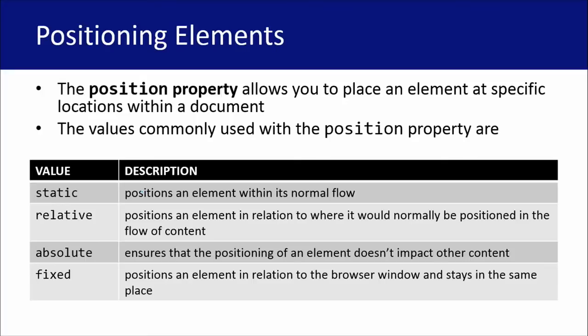Static is going to simply position an element with its normal flow, just like you saw the boxes without any modification. Relative is going to position an element in relation to where it would normally be positioned in the flow of content, and I'll show you what that means here in just a second. Absolute ensures that the positioning of an element doesn't impact any other content at all, and then fixed places it in relation to the browser window, and it stays in the same place the entire time.